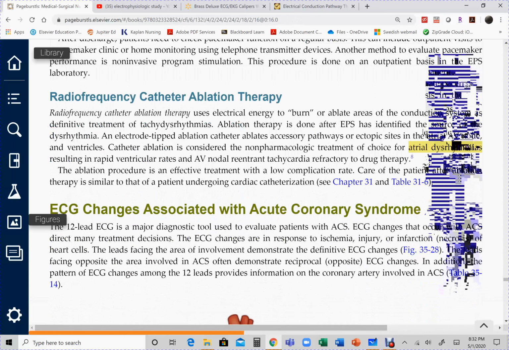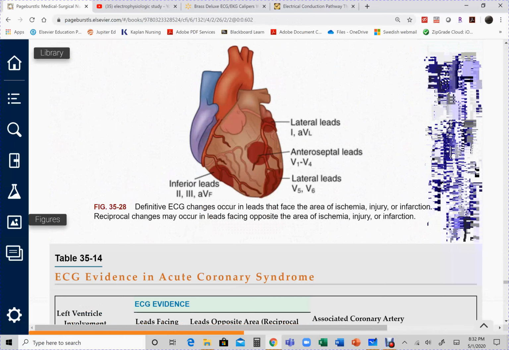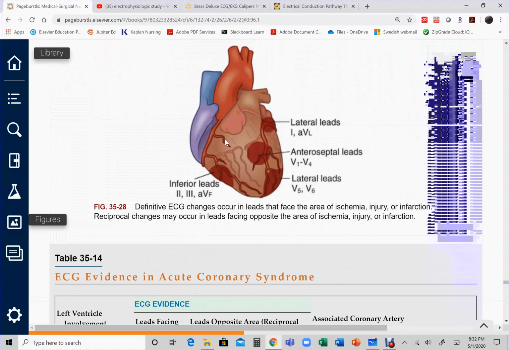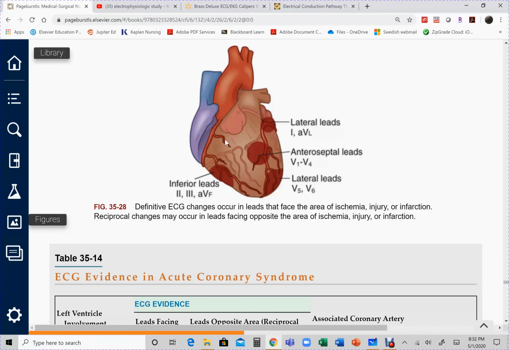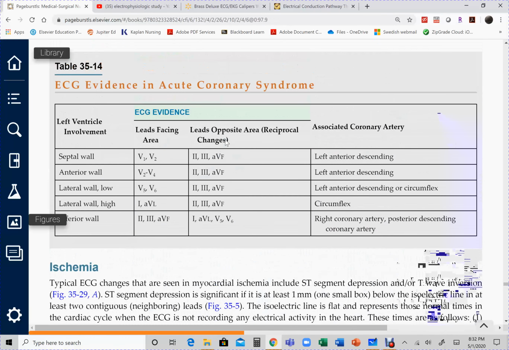This is ablation, which I described already earlier. And here is, because I don't think this was shown in chapter 33, so now you have the changes. Don't bother studying table 35-14. This is for the doctor. I mean, you're not expected to diagnose where the patient's MI is.